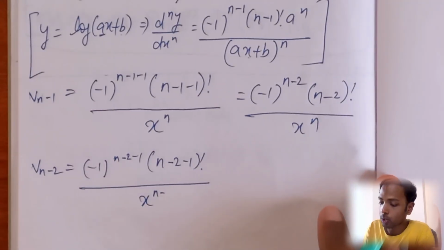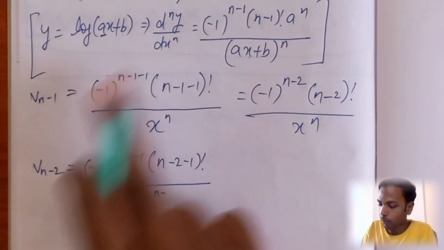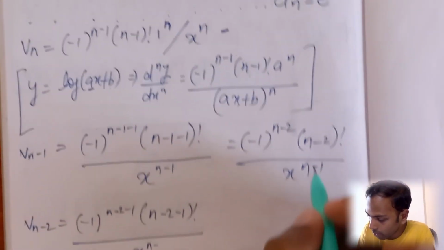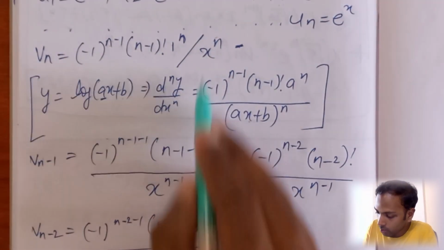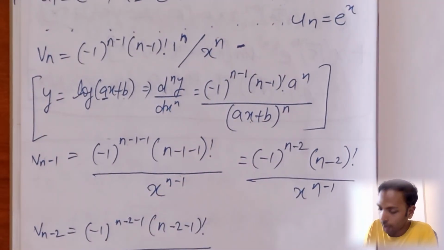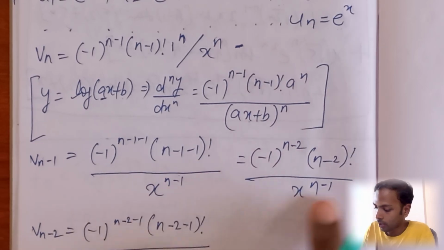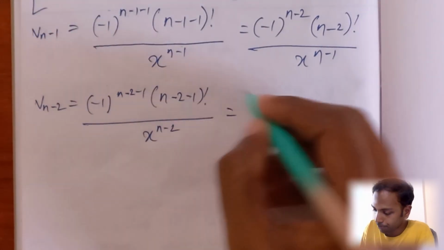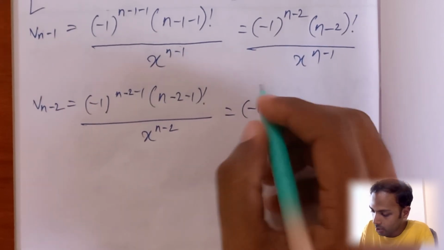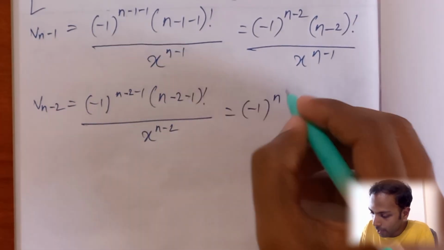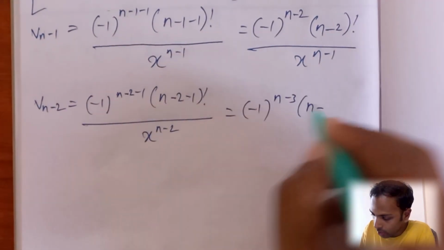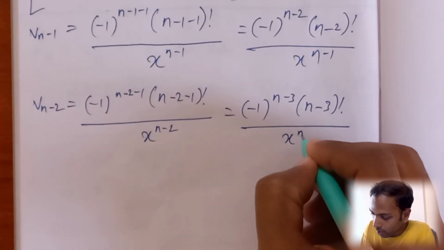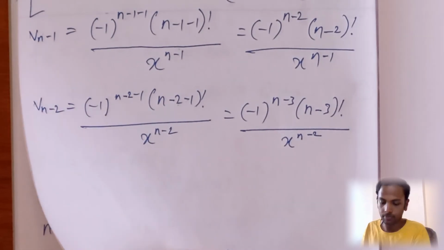I'm so sorry, in the previous one, we have to put n−1 here as well, because n is there also. In place of n, I'm putting n−1. I forgot that, so now it's correct: x to the power n−1 there, and here it will be x to the power n−2. If you solve this, n−2−1 becomes n−3, so it's n−3 factorial by x to the power n−2.